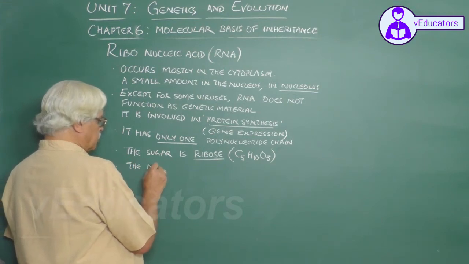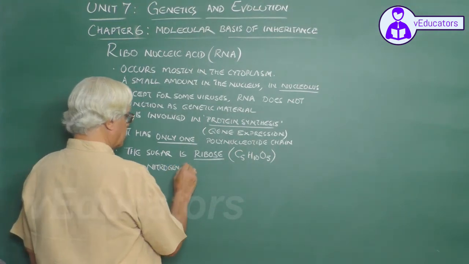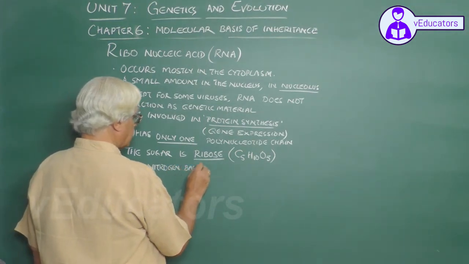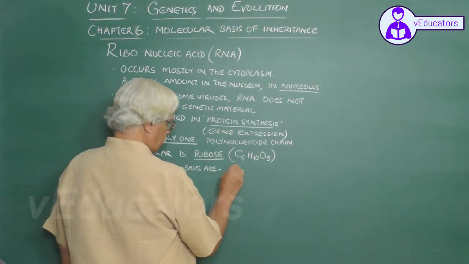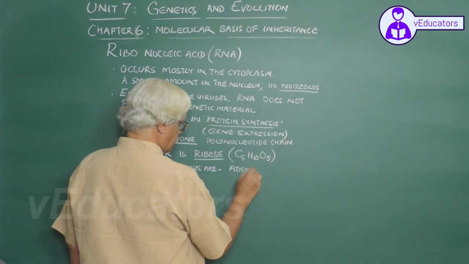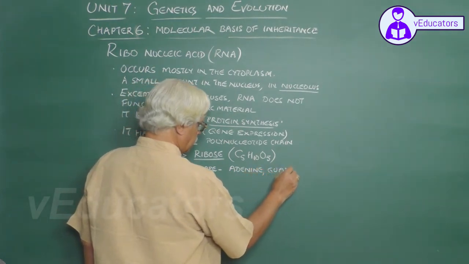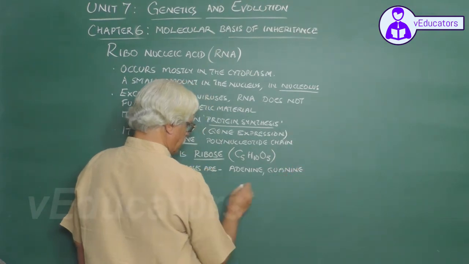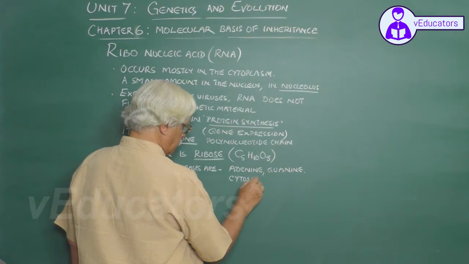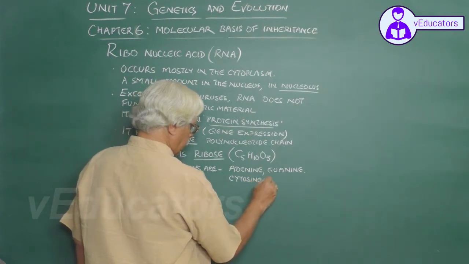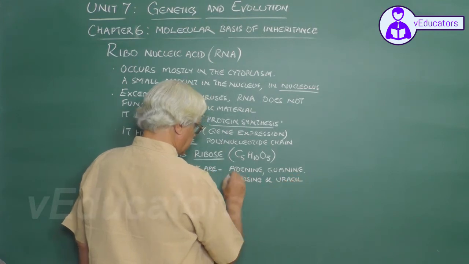The nitrogen bases in the RNA molecule are represented by adenine, guanine, cytosine, and uracil.